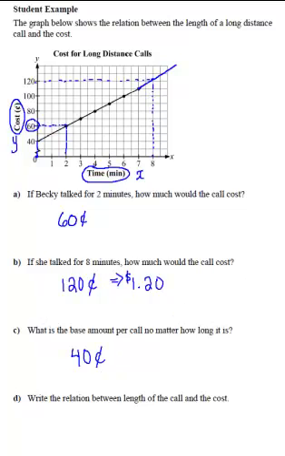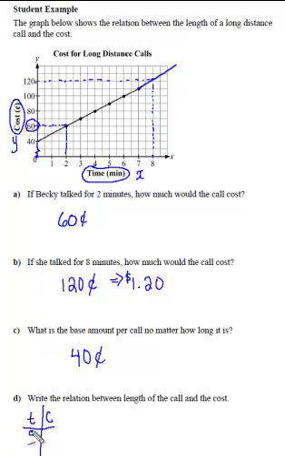Part D is asking us to write the relation between the length of the call and the cost. Let's draw a t-table. If we do that, let's put the length of the call, or the time, in minutes here, and the cost here.